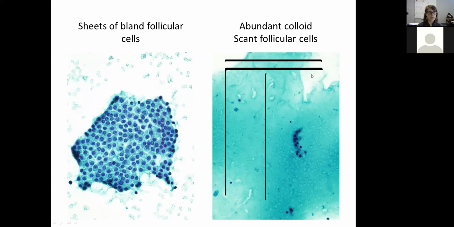In the background, we see this watery material, which is colloid, and another scant string of cells. Can you see the poll, and does anybody want to volunteer their guesses? It's anonymous as to what most likely Bethesda category this falls into.